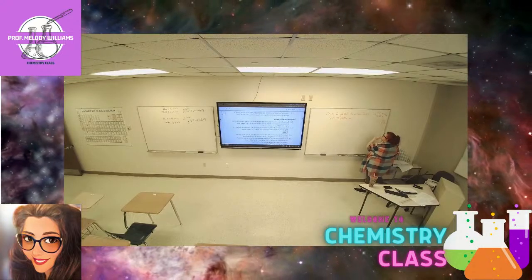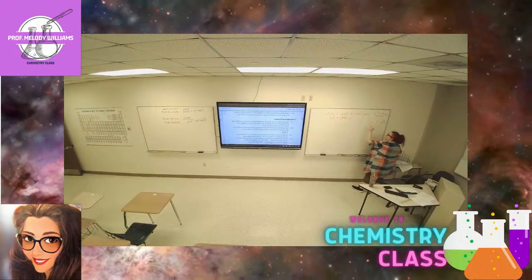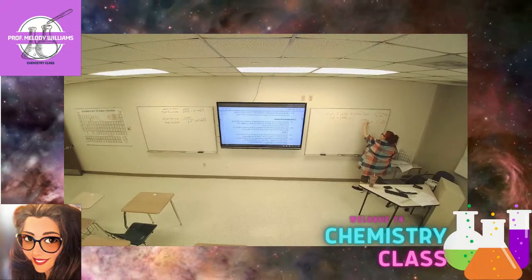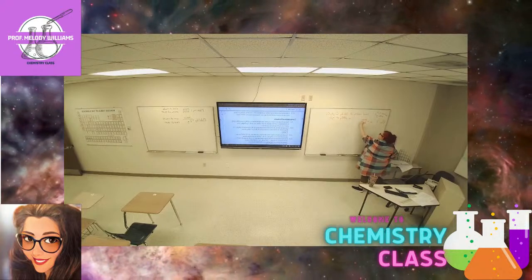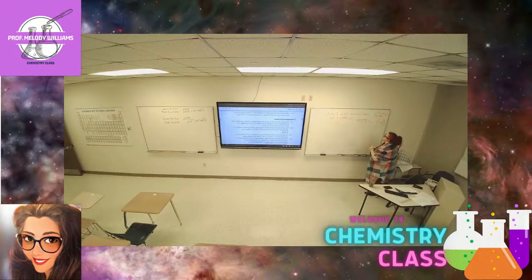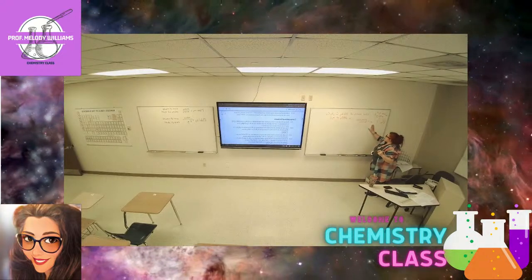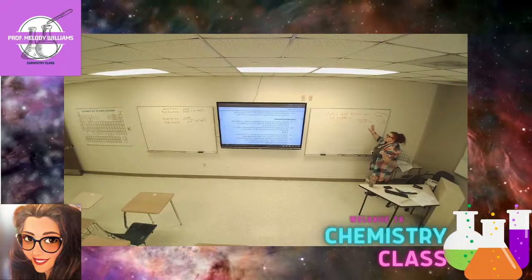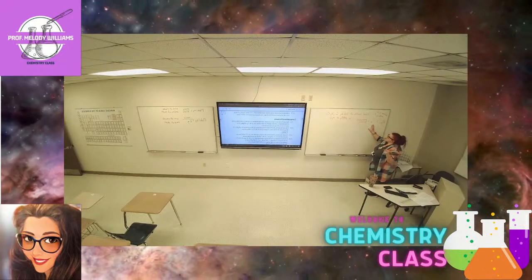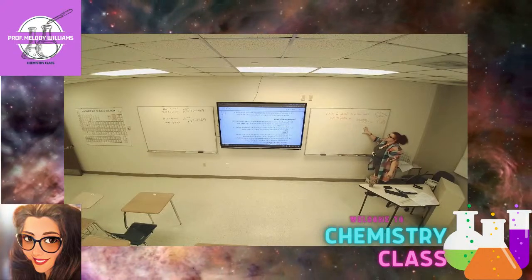Well, I've got to have the molality equation. It's usually a lowercase m with moles over kilograms water, right? Moles solute over kilograms of water. I go, okay, so I've got to use this equation. Now I've got to look at my units. Can I just plug the numbers that are in there into this equation? Can't do that yet.